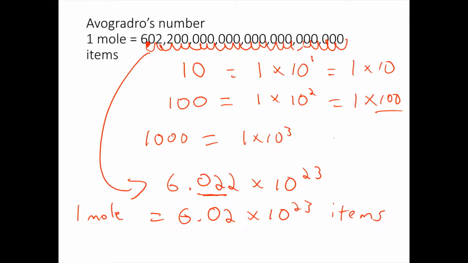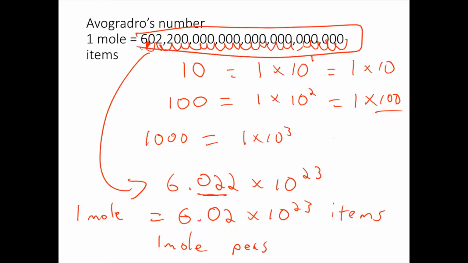Before we do any calculations with this number, what I want to do is walk through just imagining how many items this is. And I want you to imagine what would it look like if we had 1 mole of peas. How much room do you think this number of peas would take up? Well, let's take a look.